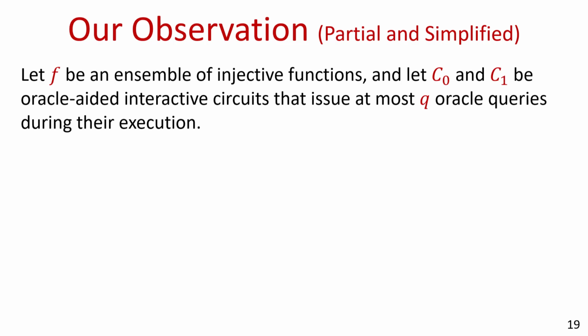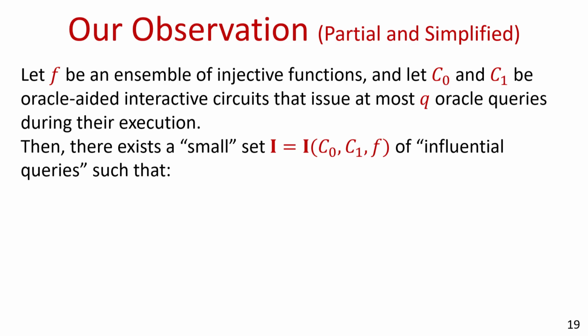Therefore, in our work, we make the following more refined observation that still allows us to prove our result. Let f be an ensemble of injective functions, and let C0 and C1 be oracle-aided interactive circuits that issue at most Q oracle queries during their execution.